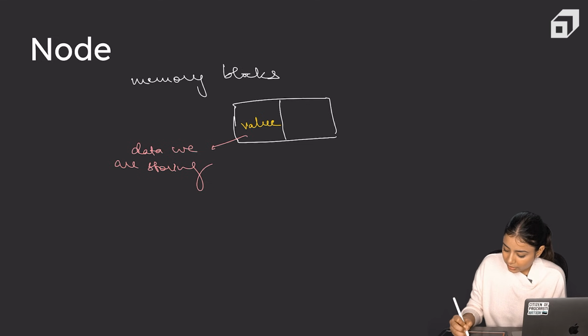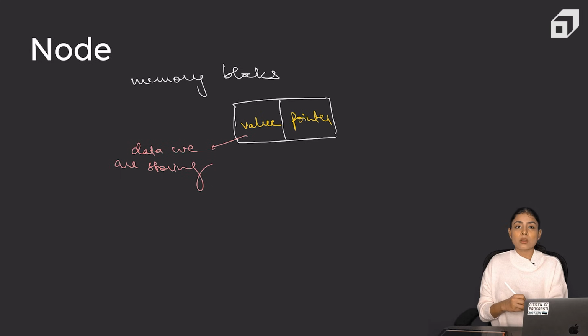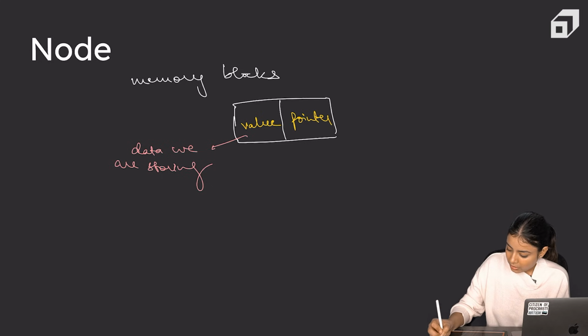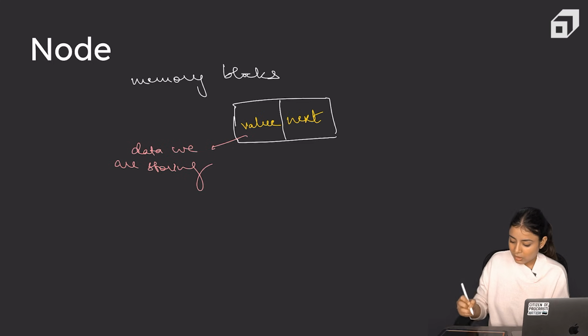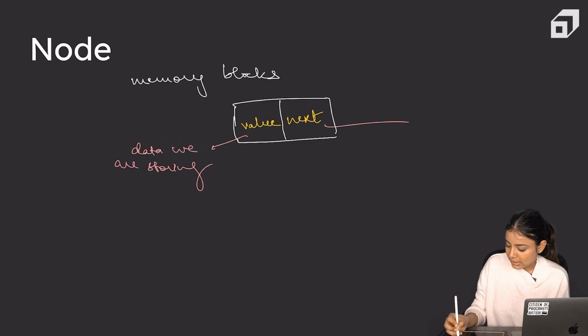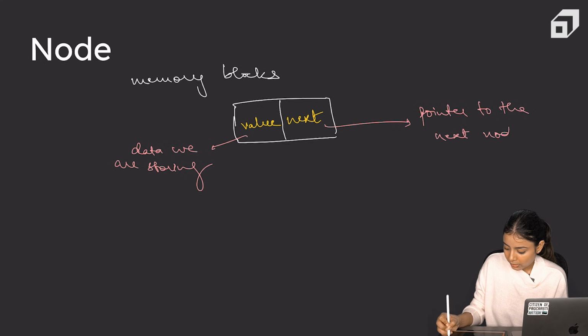And the second part is a pointer, or let me call it next. The second part of my node is a pointer to the next node in my linked list.